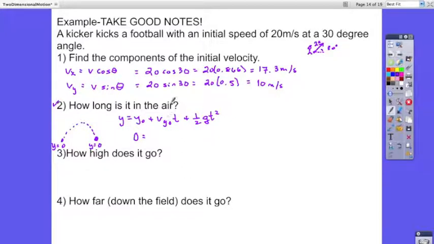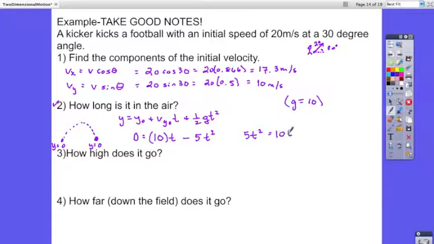Well, the initial y velocity is 10 meters per second, 10t. Now, this was positive, g is negative. This was up, g is down. So minus 1/2 g, I'm going to just use 10. Math is easier. So half of 10 is 5 t squared.